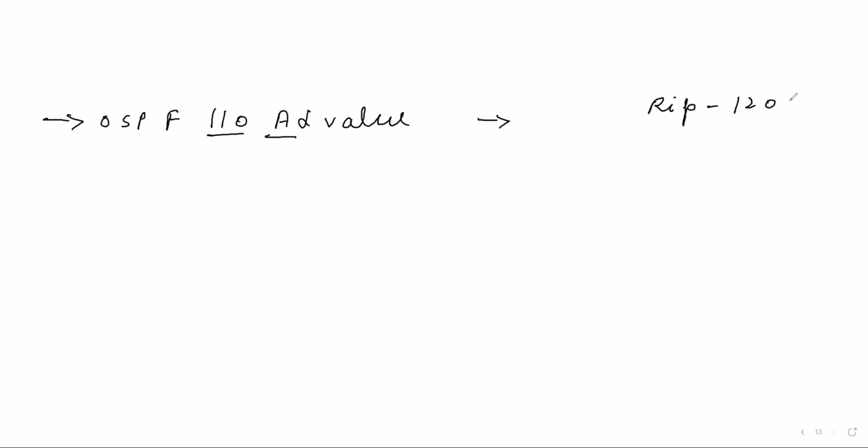Maybe the theory part now: the AD value. OSPF uses 110 as its AD value. Again, RIP uses 120, EIGRP uses 90, and OSPF uses 110.